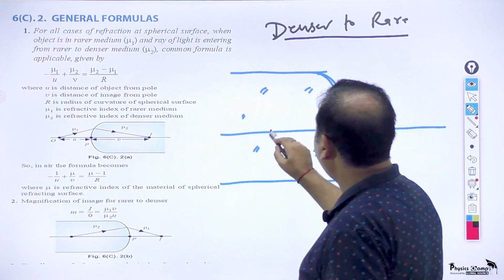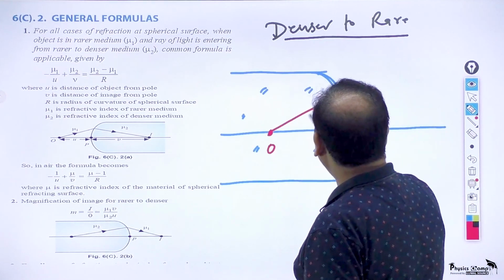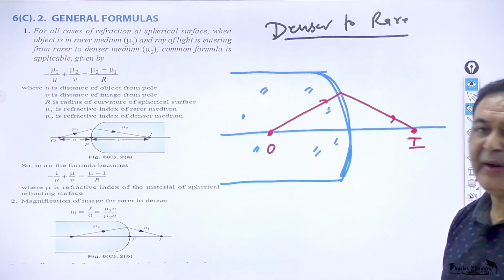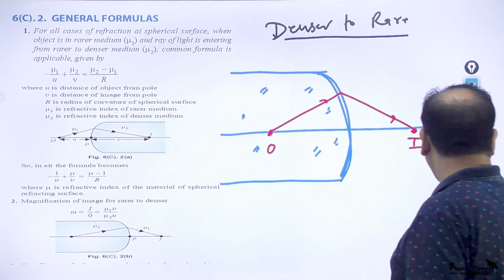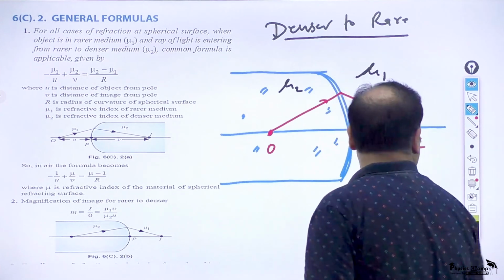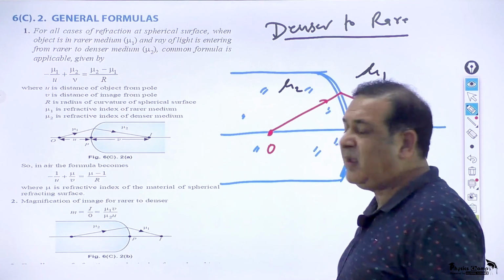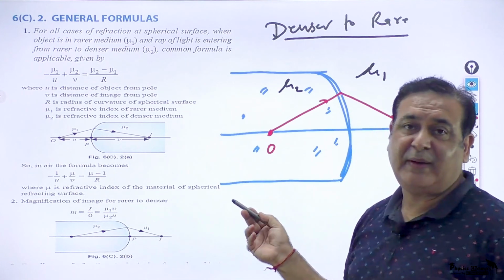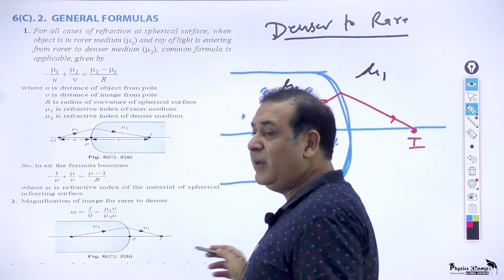The object is lying in the denser medium and the beam goes and is finally making an image in the rare medium. So this denser medium will have a refractive index mu2 and this will have a refractive index mu1. In all cases of denser to rare medium, the mu1 and mu2 will exchange.